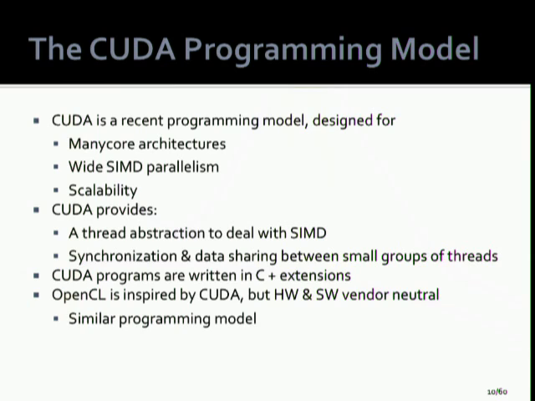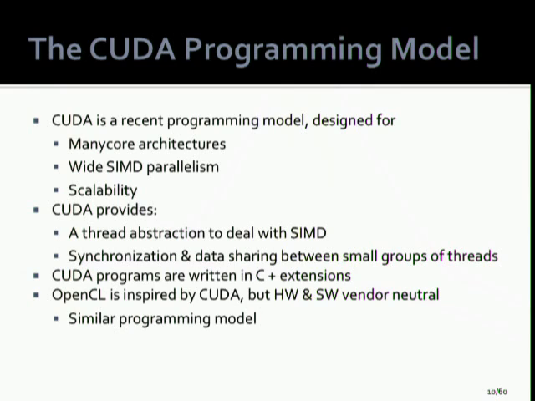CUDA provides a thread abstraction that deals with SIMD parallelism as well as traditional core-level parallelism, and allows you to perform synchronization and share data between groups of threads in a hierarchical thread model. CUDA programs are written in C or C++ with some minimalistic extensions.